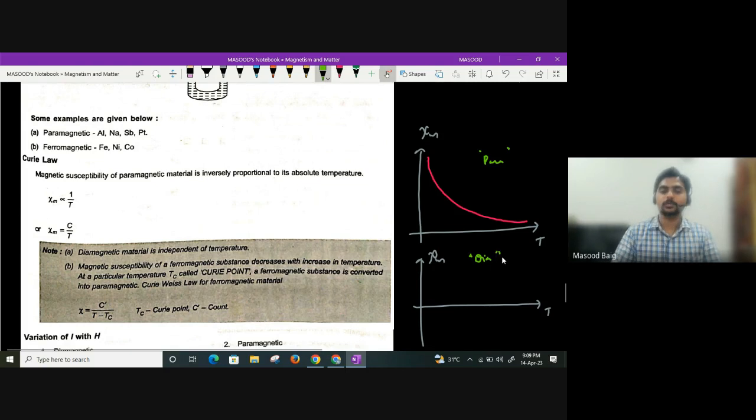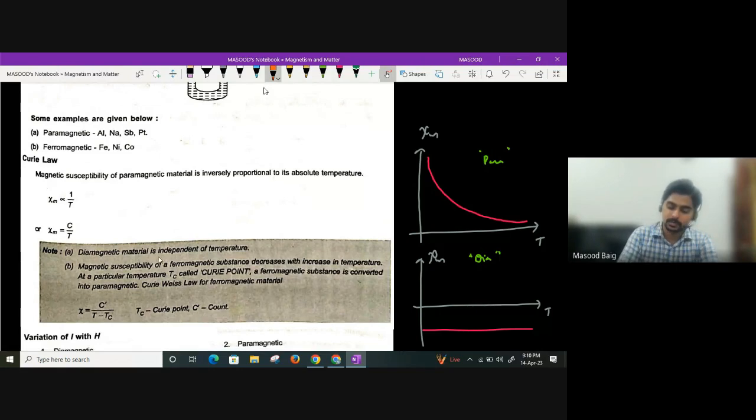Is it depending on temperature? No, it is independent of temperature and its value is negative. So you are going to get a graph something like this. Clear all of you? For paramagnetic, the susceptibility is inversely proportional to temperature. For diamagnetic, it is independent of temperature.